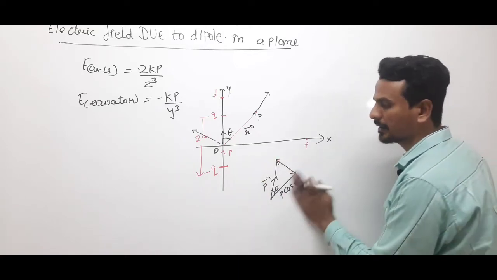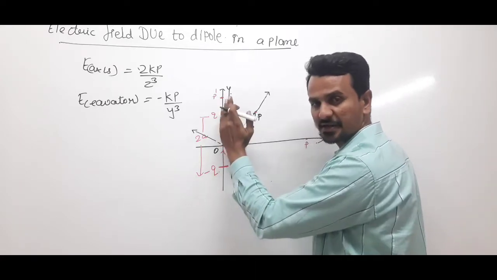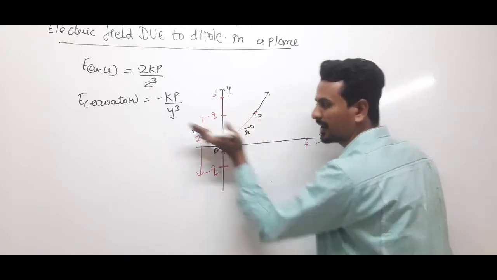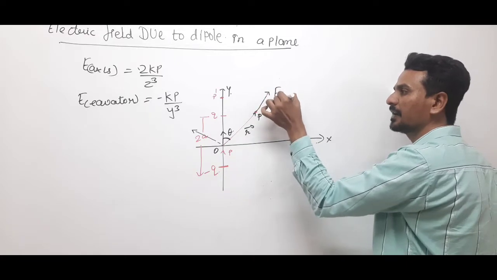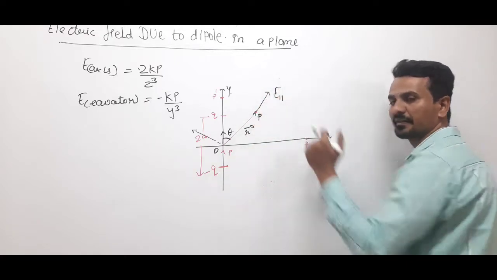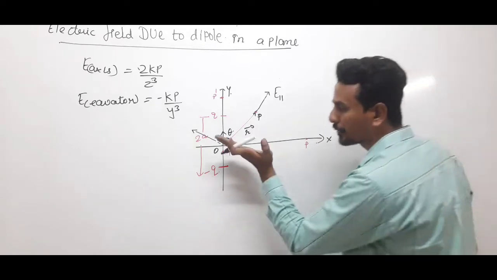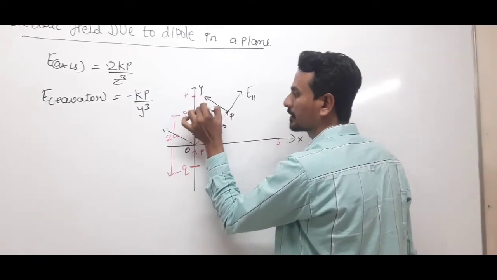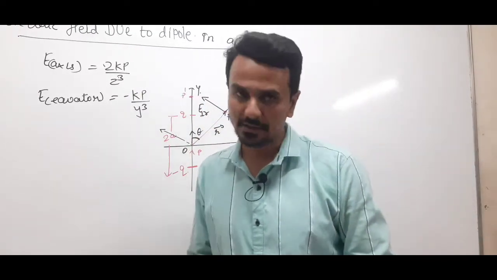So in the same way, this is your dipole moment vector p in this direction, this is theta, so p cos theta will be along this direction and p sin theta along this direction. That means you will have an electric field due to p cos theta in this direction, that is the radial or parallel component, and due to p sin theta you will have another component of electric field, that is the perpendicular or transverse component.